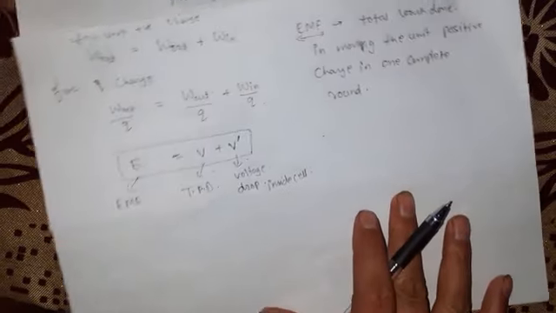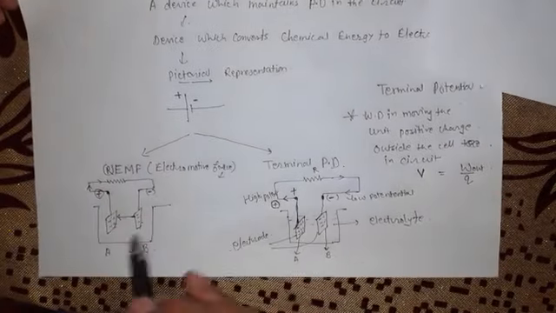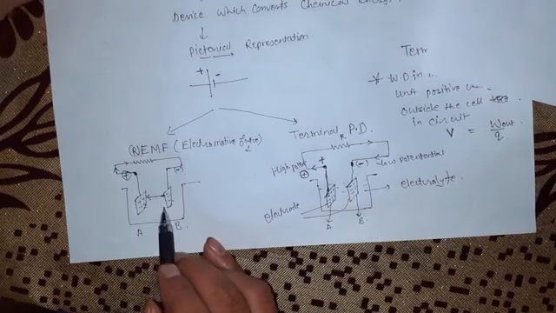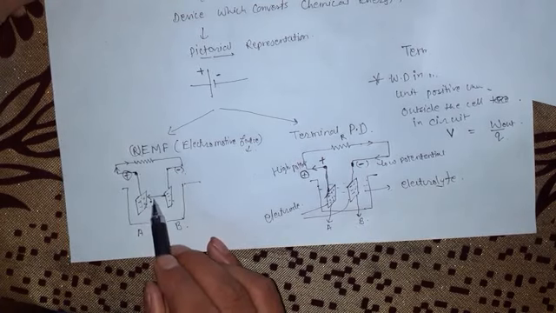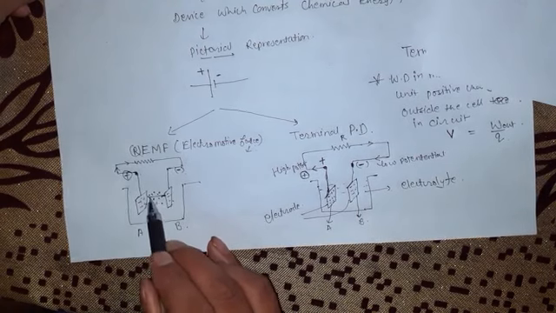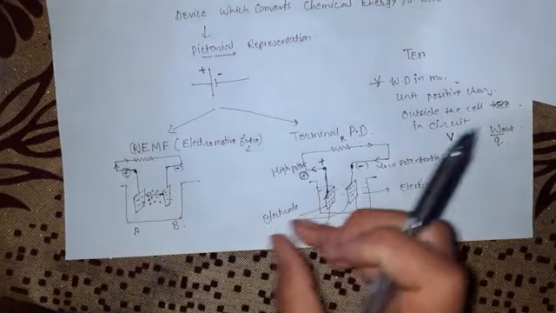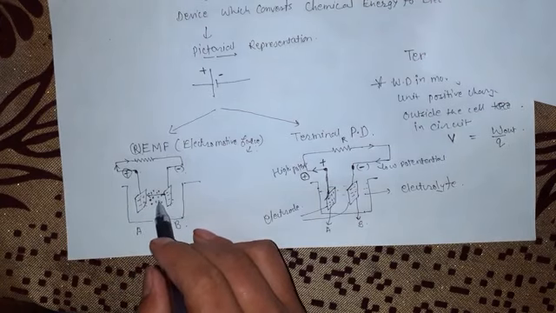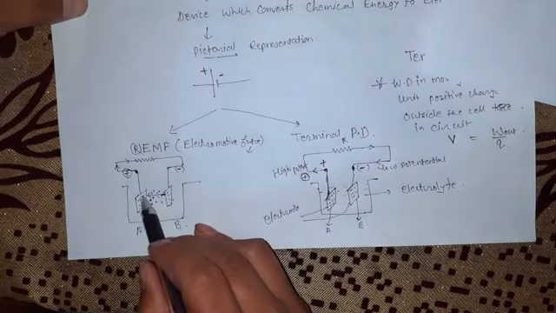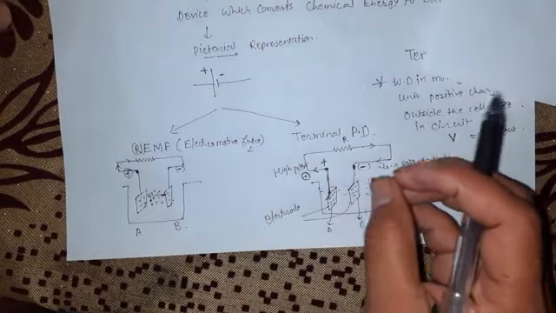Now, the charges move from the negative plate to the positive plate. Inside there are lots of ions in the electrolyte, so the charges collide with each other, and due to this collision they oppose the flow of charges.